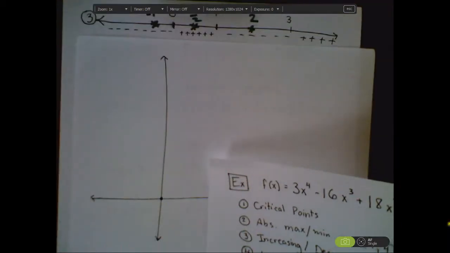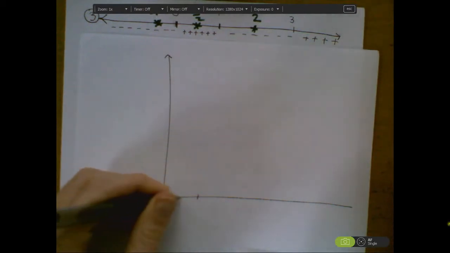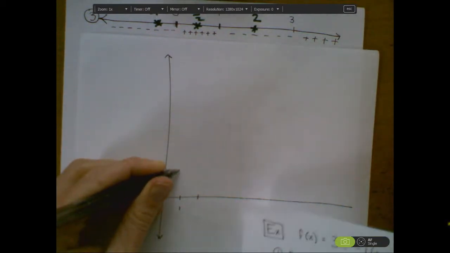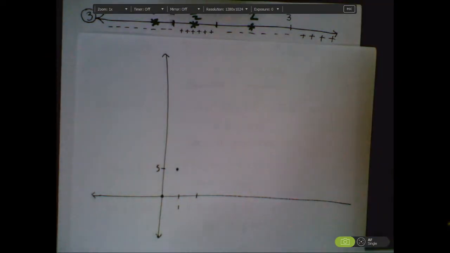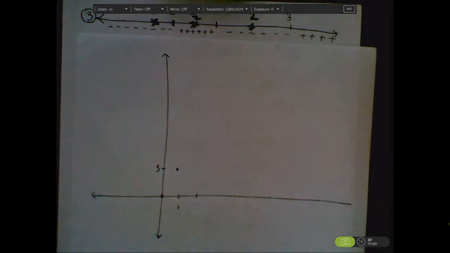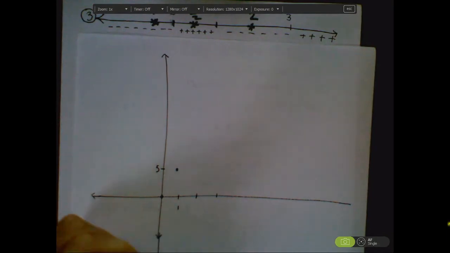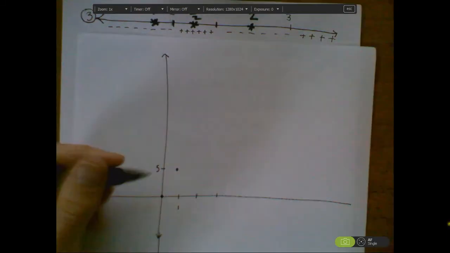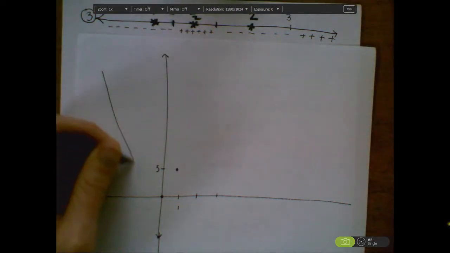F of 1 in this case is up at 5. Maybe I should put 1 over here. And that's 5. And then f of 3 we found was all the way down at negative 27. So my graph maybe isn't big enough to contain it. Now we also found that our derivative is negative until we hit 0, meaning it's sloping downwards.